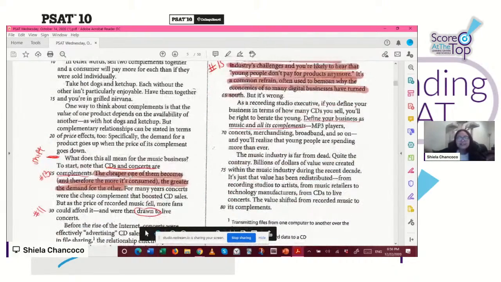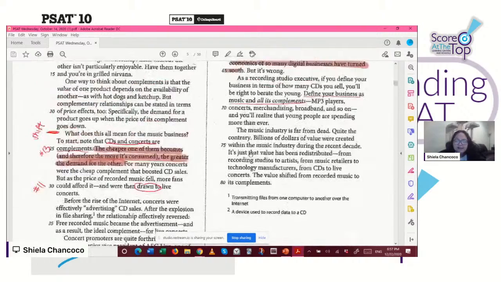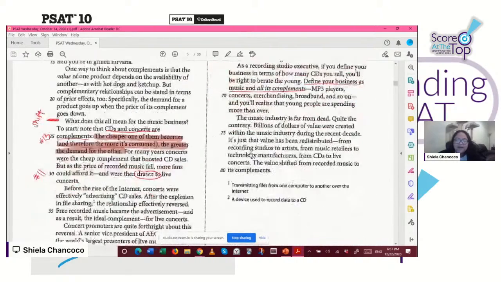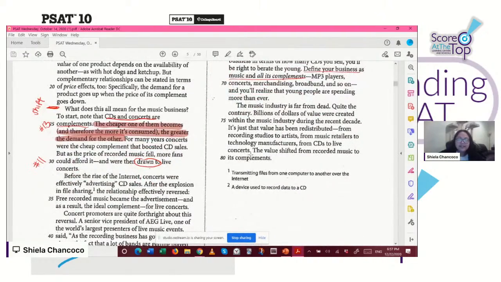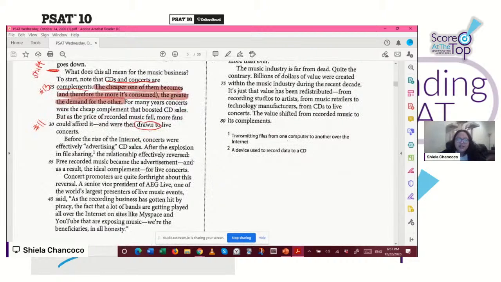And now they related that to CDs and concerts, right? So as CDs became cheaper, there's more demand for concerts. So that's basically the main idea for this one. And then it shifted from concerts to now, right?